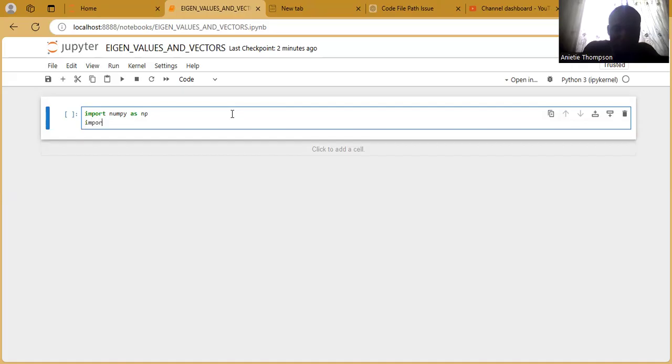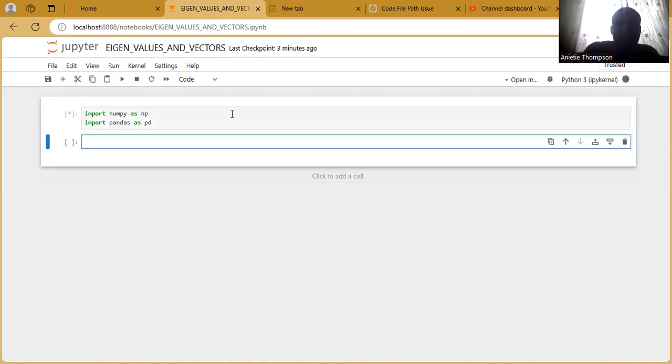Import another one there, import pandas as pd. I don't need much. I'm not going to do edit annotation. All right, Shift Enter. All right, that has run already.